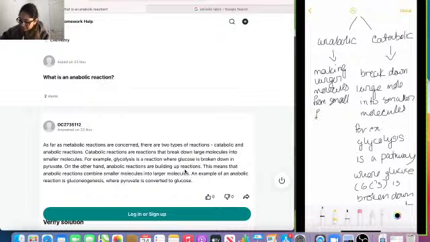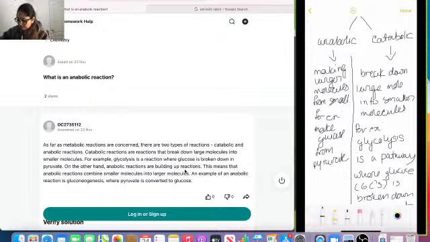So for example, make glucose from pyruvate. Okay, and so this is what an anabolic reaction is compared to catabolic.